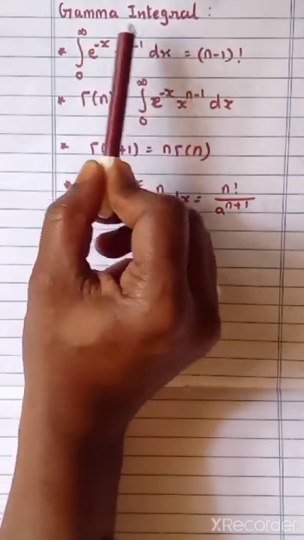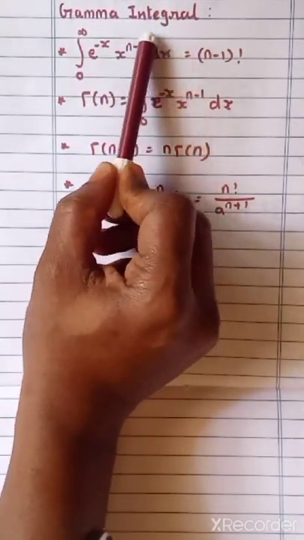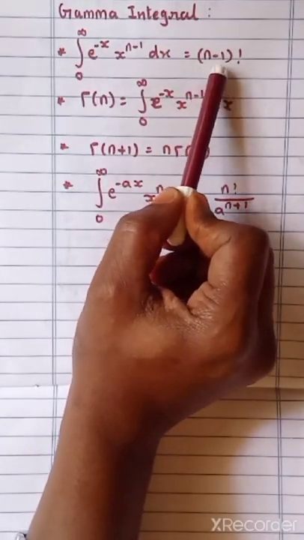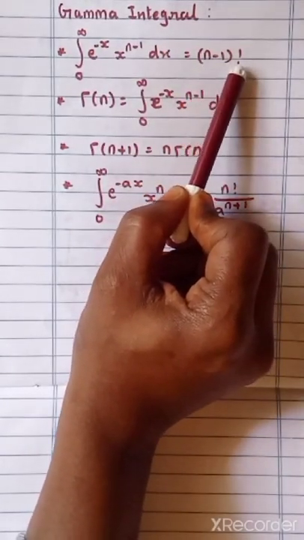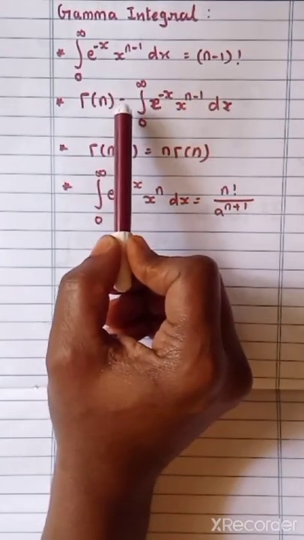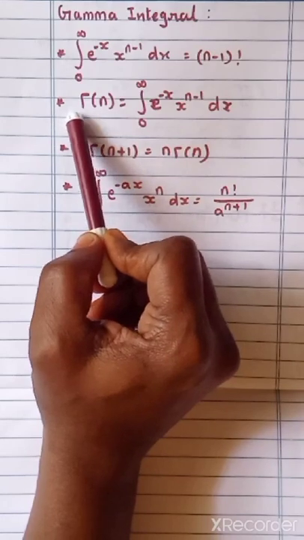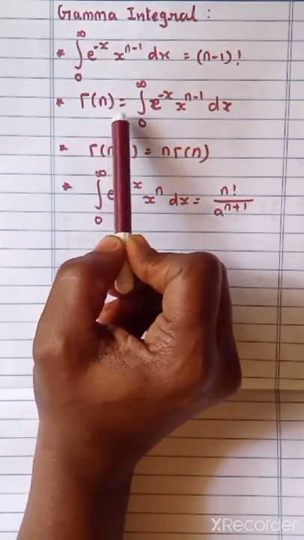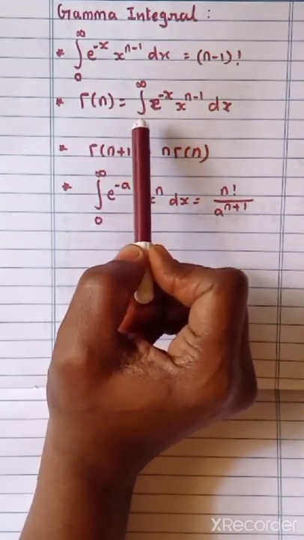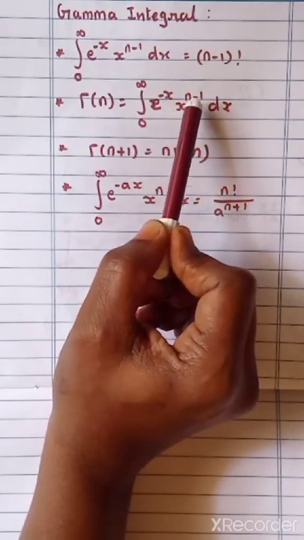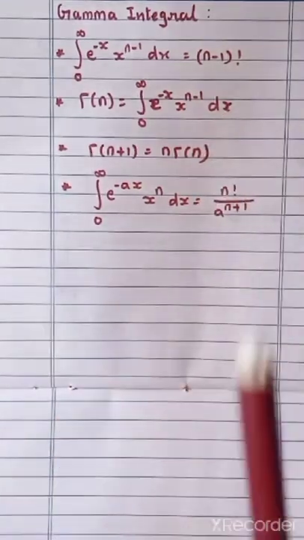This is called gamma integral. So how can we evaluate this integral? Answer is n minus 1 factorial. That's all. Next, this can be denoted by this symbol. This is called gamma n. Gamma n equal to integral 0 to infinity e power minus x, x power n minus 1 dx.